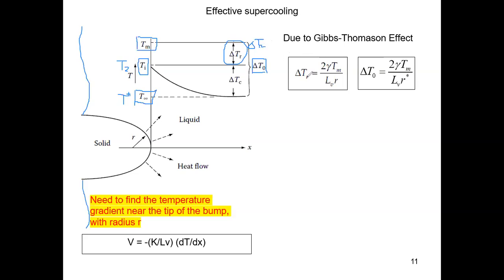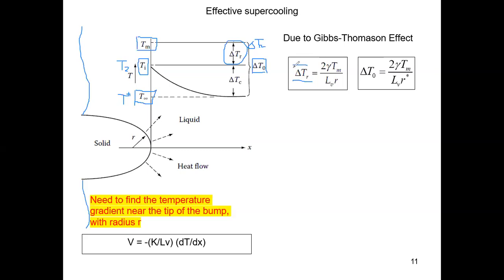Now you see that it's very easy to compute this one. The delta TR simply equals the same expression we derived before, right? This is how we get the relation between delta T and R star. But now if we think that R star is just my current radius R, we can easily derive the relation between delta TR and R using the Gibbs-Thomson consideration.